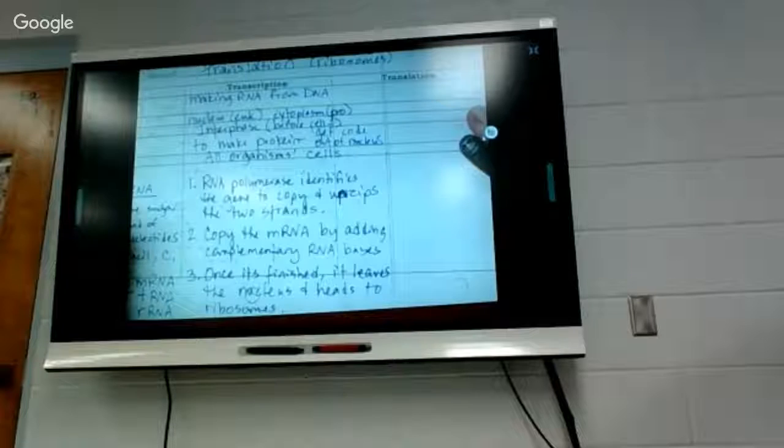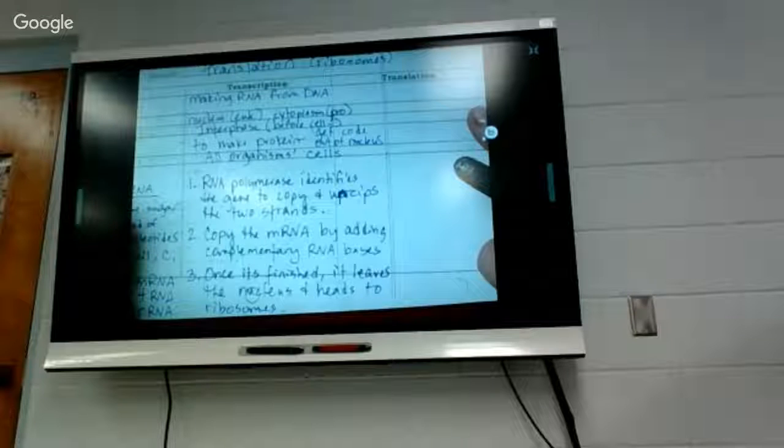If we're making RNA from DNA in transcription, what is the RNA going to make? What's the whole point of this? What are we going to make in the end? Protein. That's it. So we're going to put making protein.